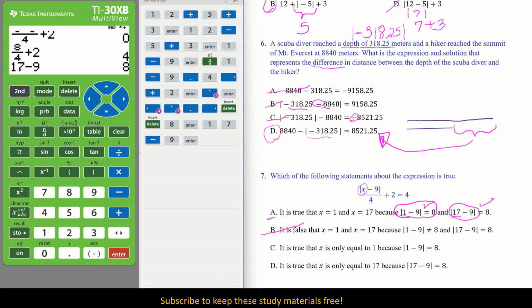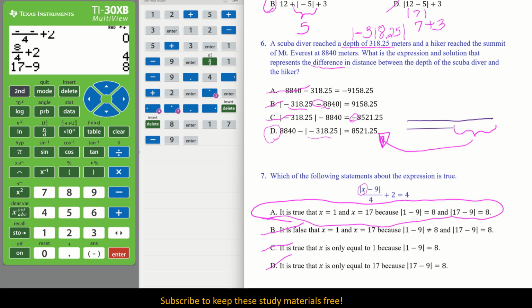And we did 8 over 4 plus 2 equals 4. So I disagree with C and D because C says that 1 is the only one, and then D says 17 is the only one. So I disagree with both of those. A is the only logical and complete answer. That's what we're looking for, the complete answer here. I'll get rid of these, and that's our only option.